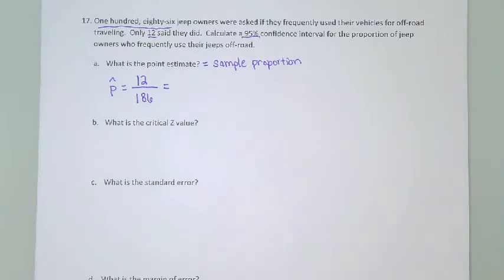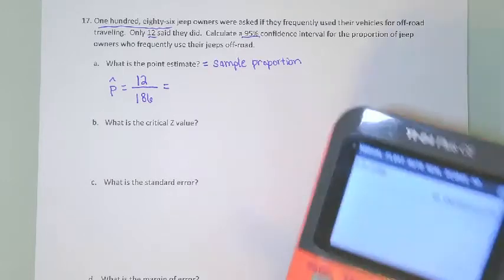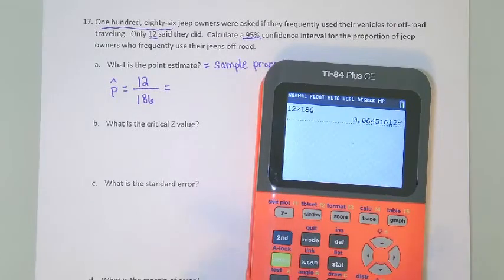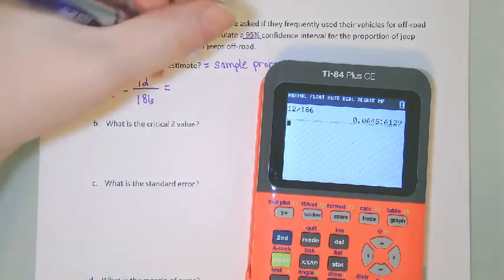So now I just need to go ahead and type that into my calculator. 12 divided by 186. And keep in mind that all values we're going to be calculating this quarter, with the exception of z-scores, we want rounded to 3 decimal places.